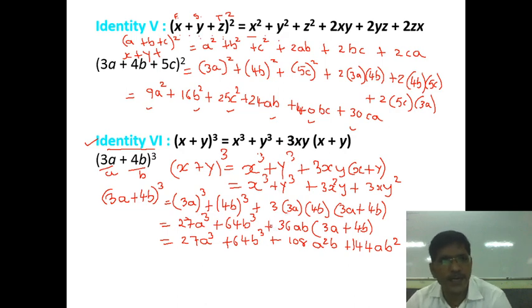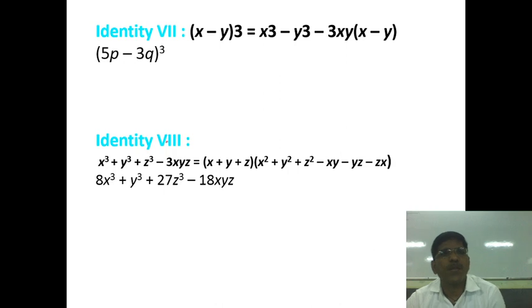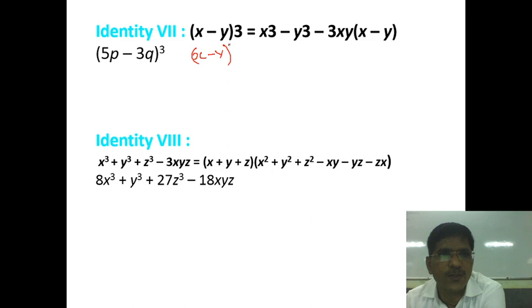So one more 2 identities are still left that we have to understand now. There are 8 identities given in your text. So now the 7th identity, x cube minus y cube. Again the formula is (x - y) cube. These are the identities. So what do I have to write first? x cube minus y cube.